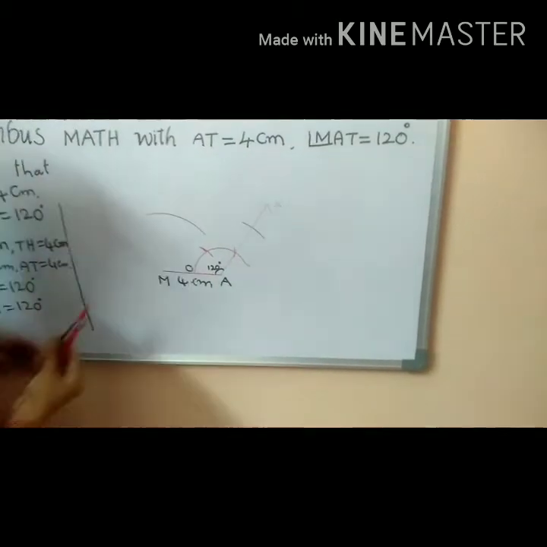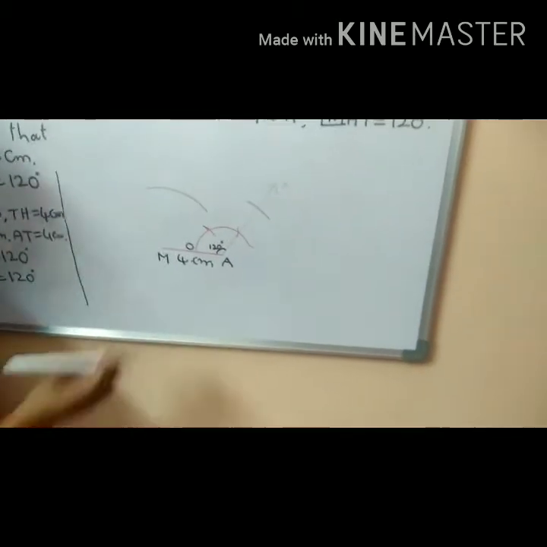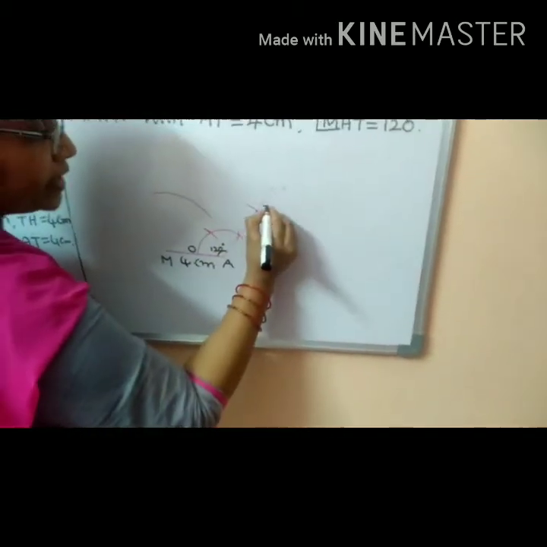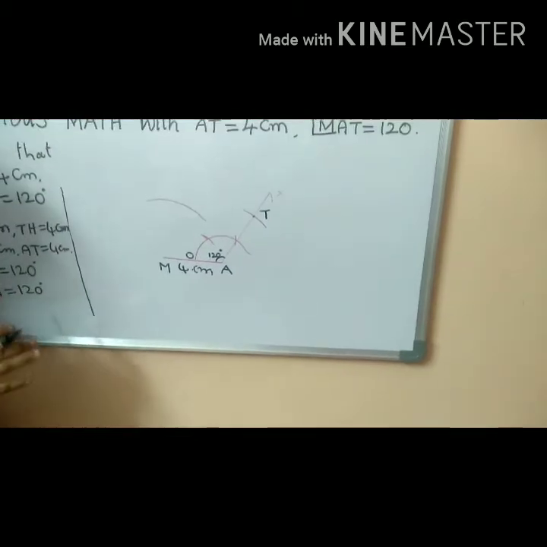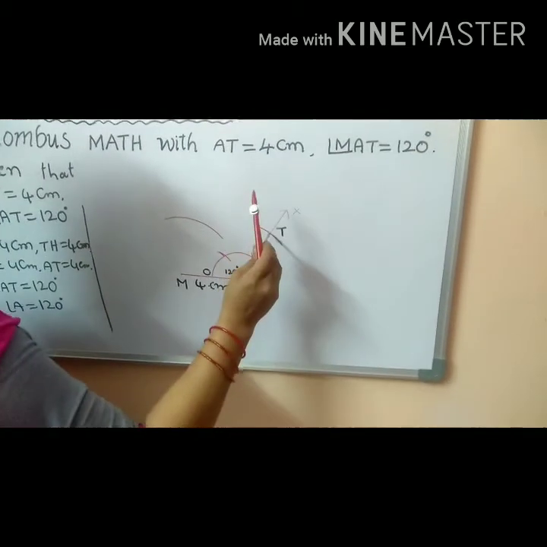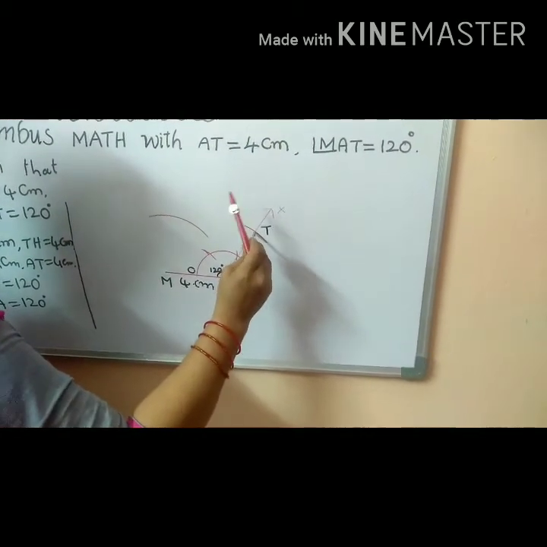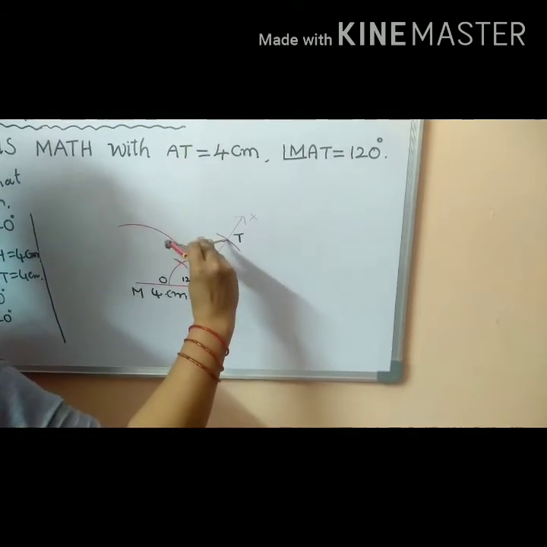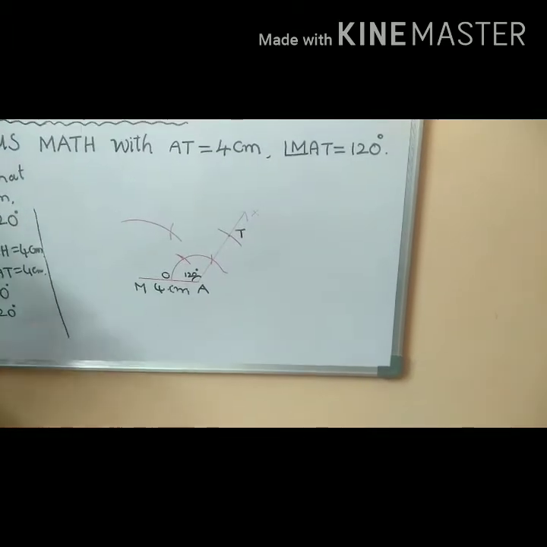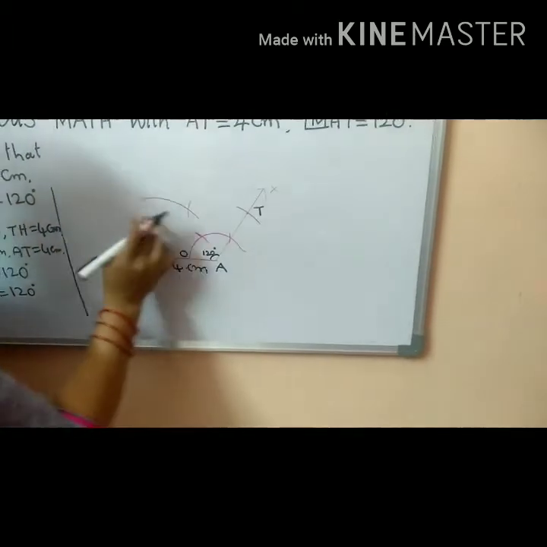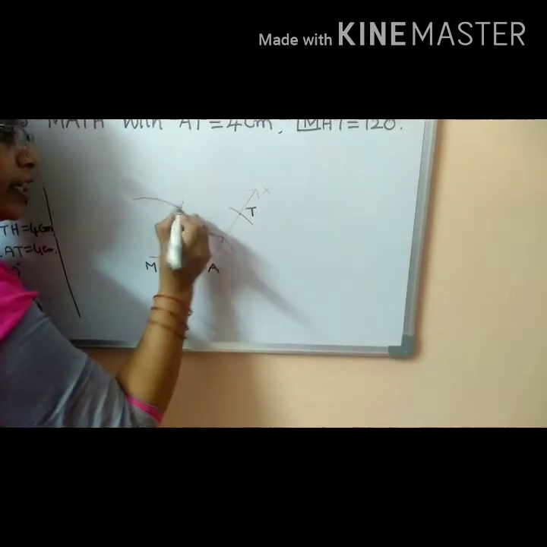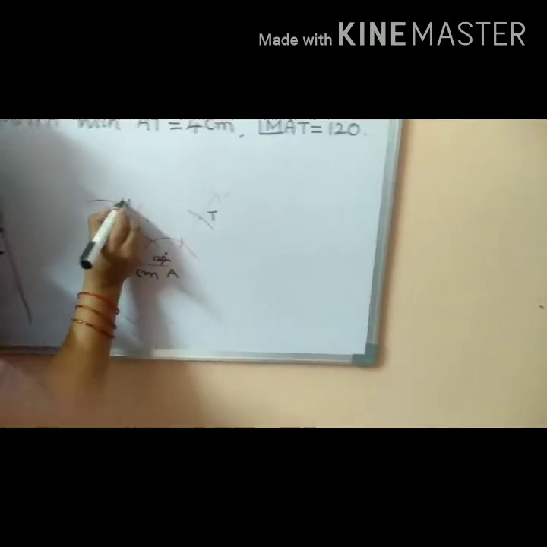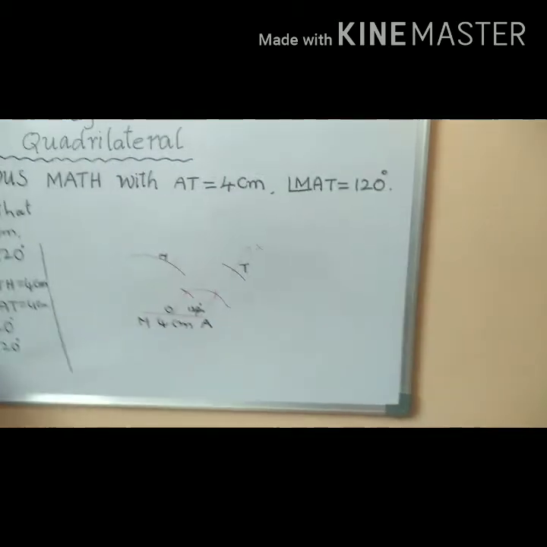Here the arcs intersect at one point, that is T. Now with center T and radius 4 centimeters, draw one arc. The two arcs meet at one point, that is marked as H.